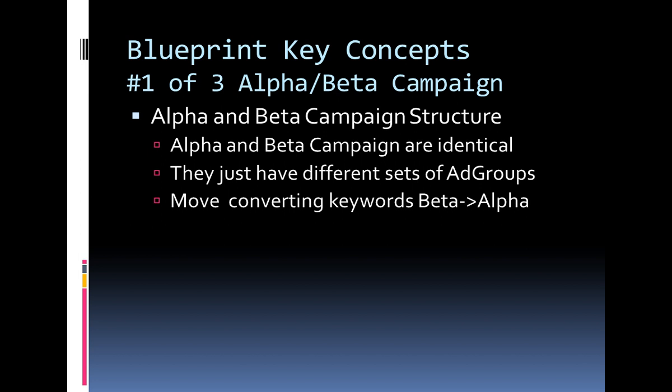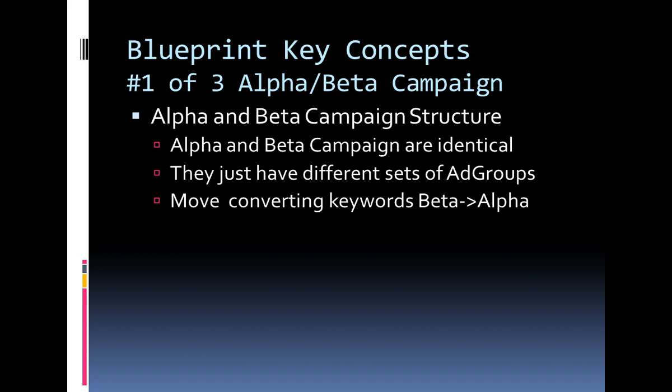So 2 leads is the key indicator that a keyword will hopefully generate again. Sometimes we do 3 leads per keyword before moving them to alpha, but I think 2 is good enough. So we'll teach you to use 2 for now, and later on, if you want to do 3, you can, no problem.